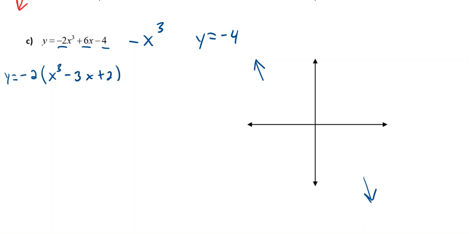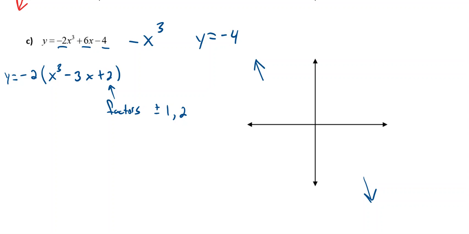And why that made life a little easier is because now I'm only going to factor this part of it, right? I can just kind of forget about that 2 I took out. So now I'm just going to find factors of 2. So our factors here would just be plus or minus 1 and 2, right? So there's only 4 to try here.